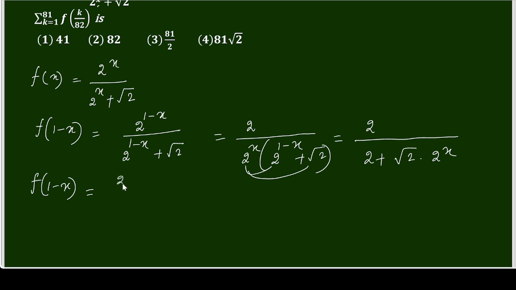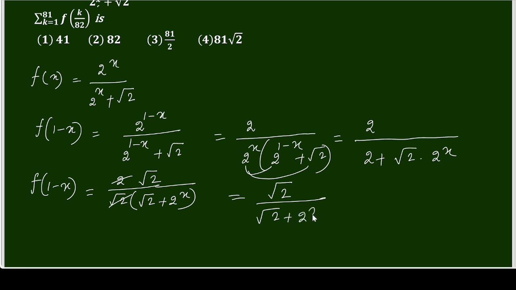It will be 2 over root 2 into root 2 plus 2 to the power x, and root 2 will cancel with this, so I'll get root 2 over root 2 plus 2 to the power x.